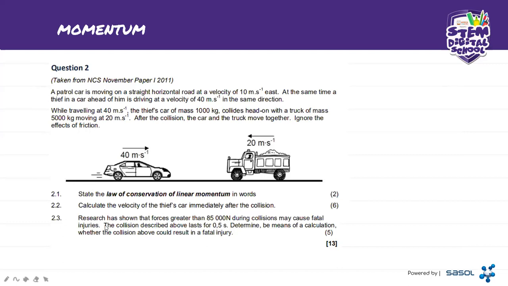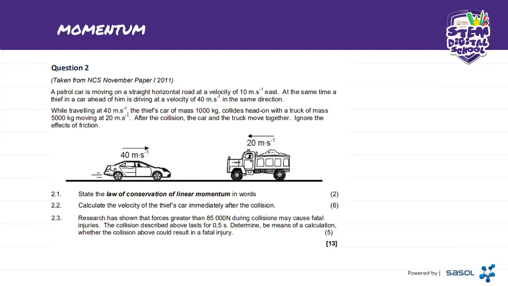So on number 2.3, it says, research has shown that forces greater than 85,000 Newton during collision may cause fatal injuries. The collisions described above last for 0.5 seconds. Okay.